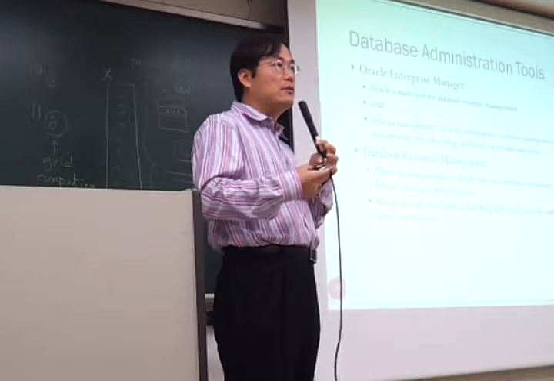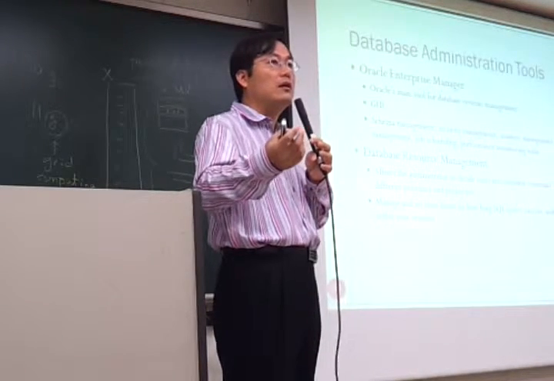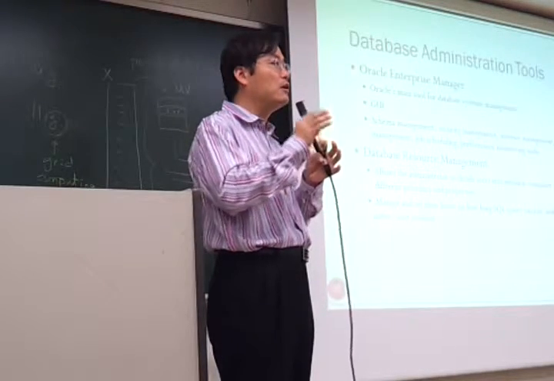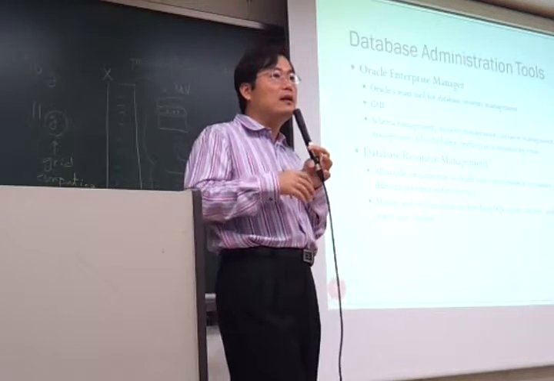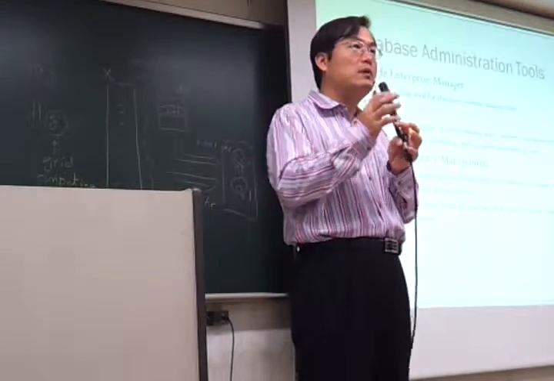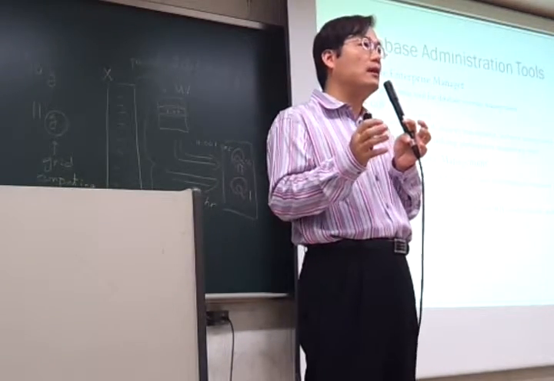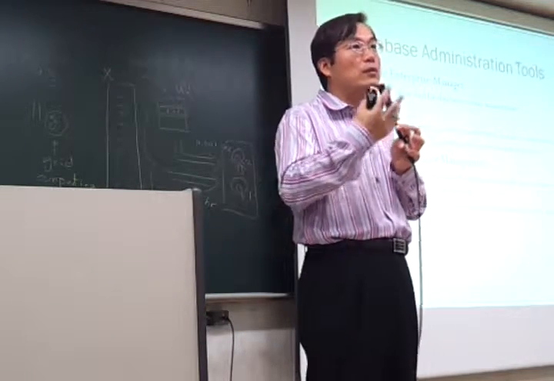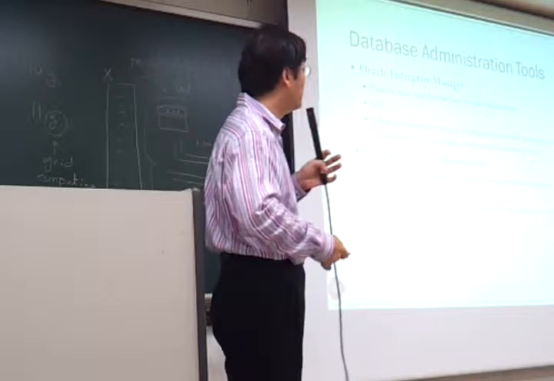Starting from creating login accounts for users and monitoring the performance of tables. And if you need to, you could speed up some processes. Sometimes you could also add some indexes or those kinds of things if you're a DBA.